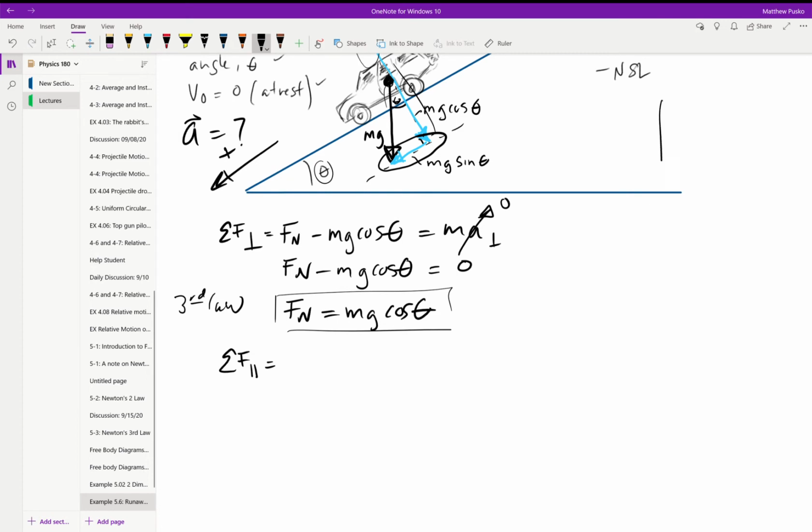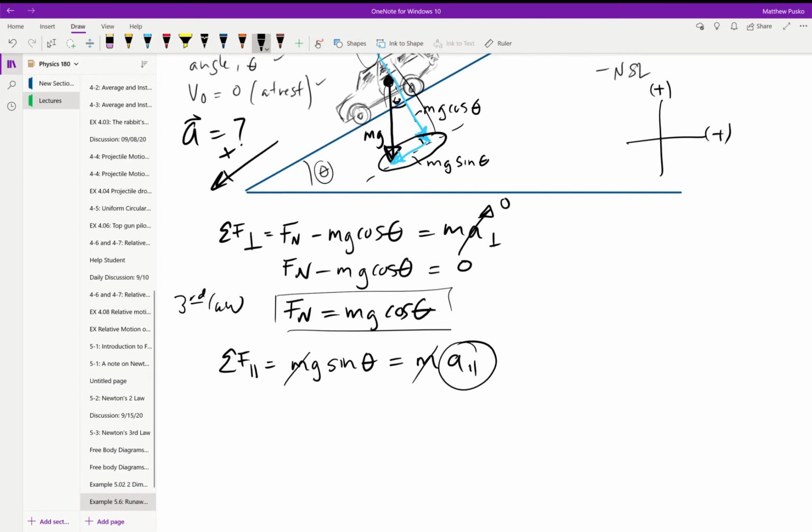That's about the only time I vary from my positive to the right and positive up direction. So what do we get? We sum the forces. There's only one, and it would be mg sine theta. And that would be equal to the mass times the acceleration in the parallel direction. Now, if it's going down the hill, it's going to accelerate, and that's what we're looking for.